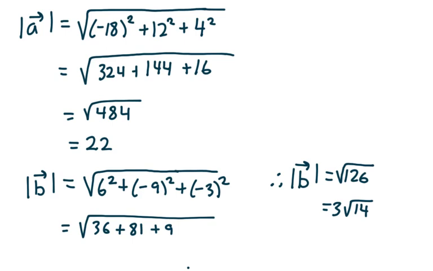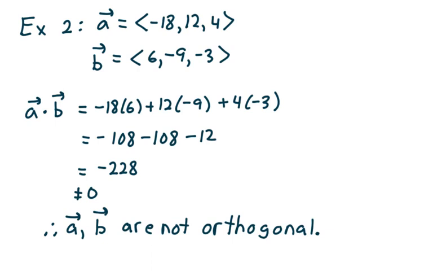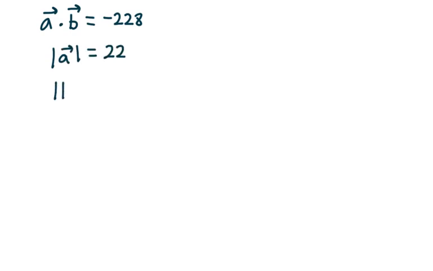So just to let you know, this is a process, okay? So from here, remember that A dot B is negative 228. The magnitude of A is 22. The magnitude of B is 3 square root of 14.